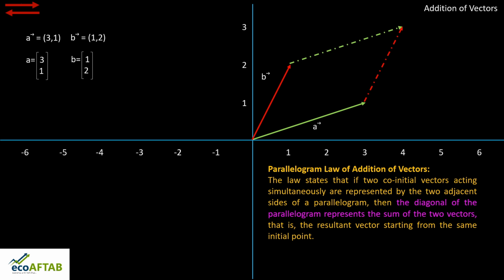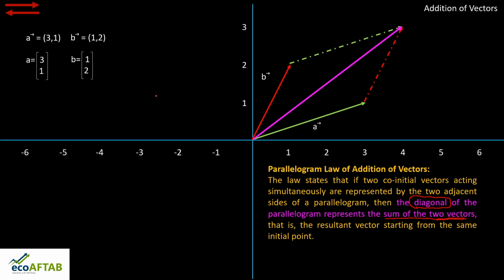So these two adjacent sides are giving us the shape of a parallelogram, and here you can see in pink the diagonal of the parallelogram represents the sum of the two vectors, and that is the resultant vector starting from the same initial point. So the diagonal of the parallelogram is giving us the sum of the two vectors.